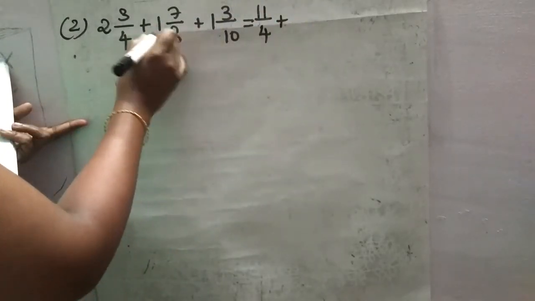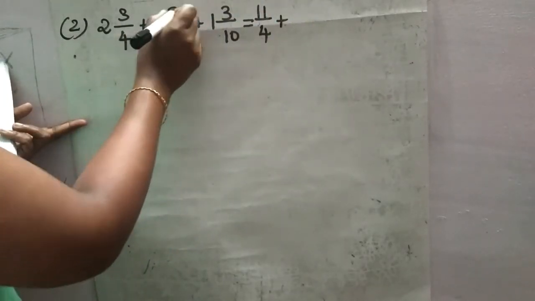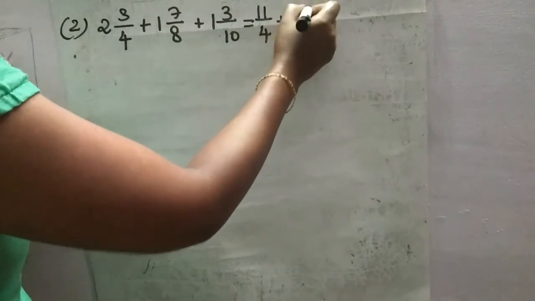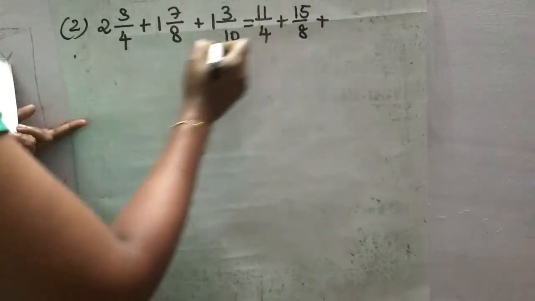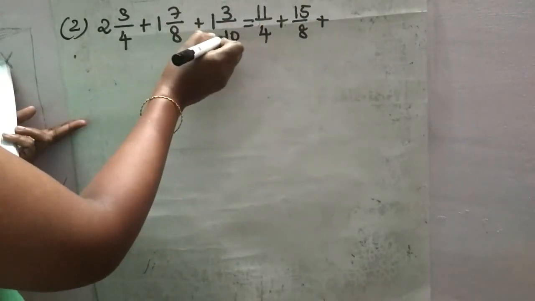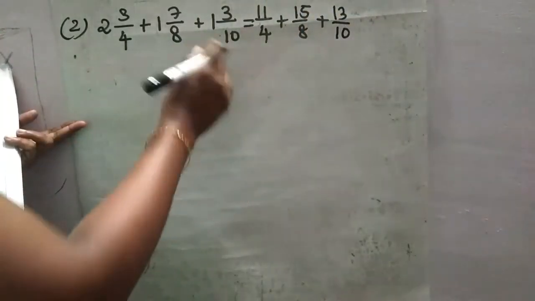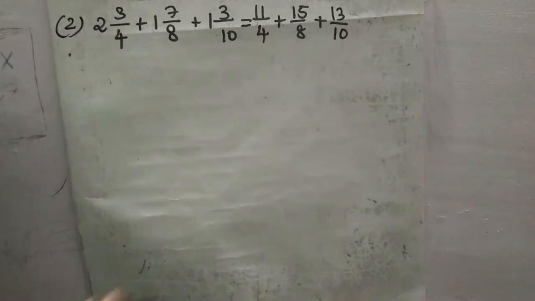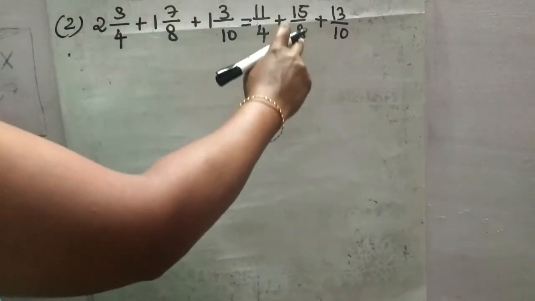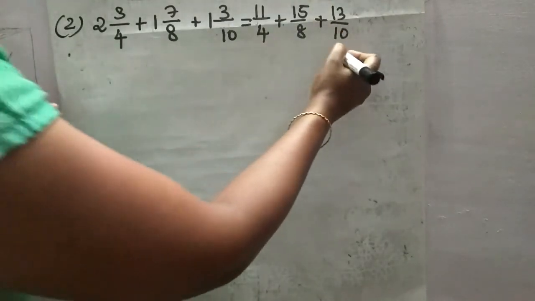Plus 1 into 8, 8 plus 7, 15 by 8. Plus 1 into 10, 10 plus 3, 13 by 10. So you get the improper fractions as 11 by 4, 15 by 8 and 13 by 10.